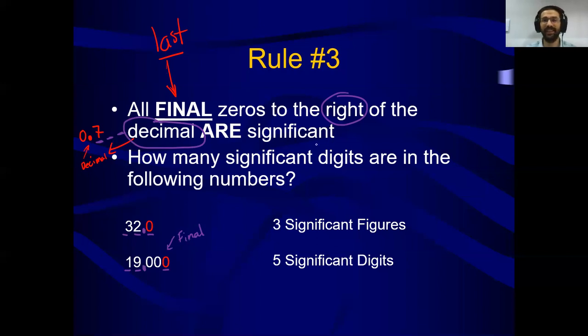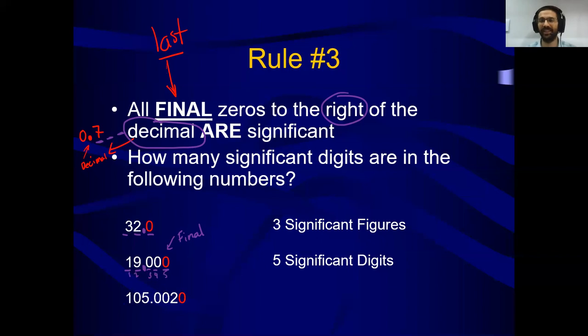Therefore, it is significant. And we have zeros that are between significant digits, so these are significant too. So the answer would be 5: 1, 2, 3, 4, 5. 5 significant digits.